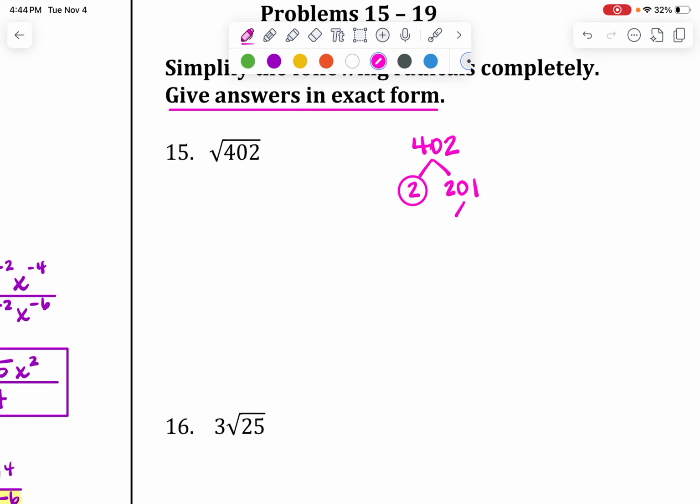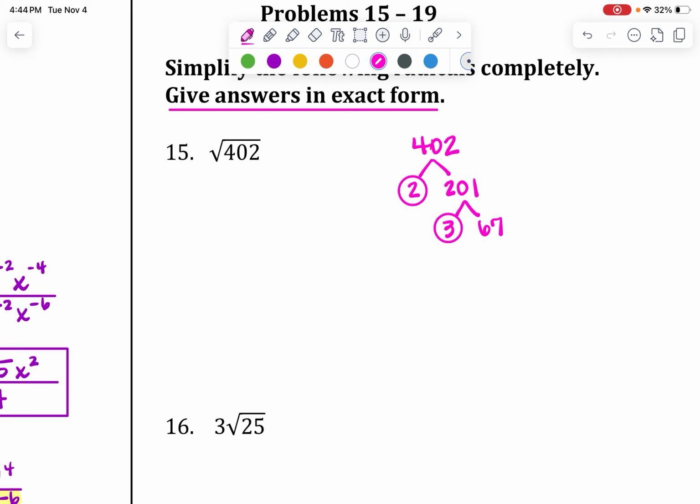Now 201 is not done, right? That is divisible by 3. So that goes in 67 times. Now 67, I'm trying to think if any numbers go into 67, and I can't think of any numbers that do.